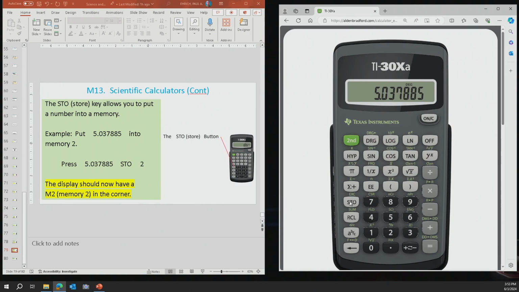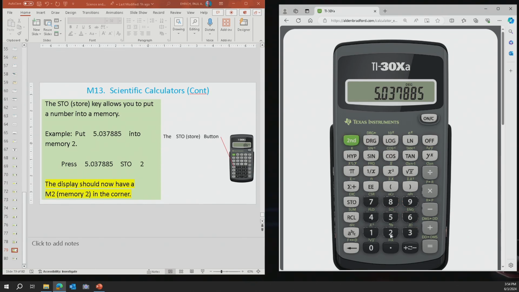Now, it did not store it because I did not tell it what memory to put it into. So do I want to put it into memory 1, memory 2, or memory 3? Let's just say, for the sake of argument, I want to put that number into memory number 2.